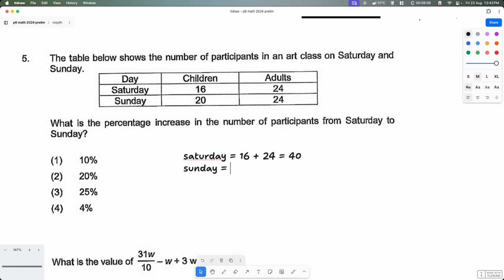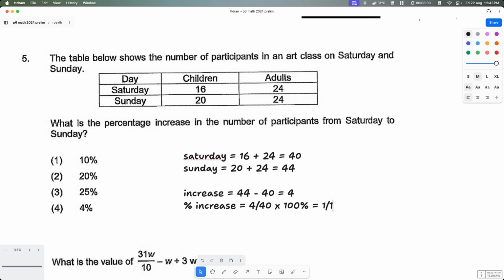Sunday is 20 plus 24, which is 44. So the increase is 44 minus 40, which is 4. So the percentage increase is 4 out of 40 times 100%, which is 1 out of 10 times 100%, or 10%. So the answer is option number 1.